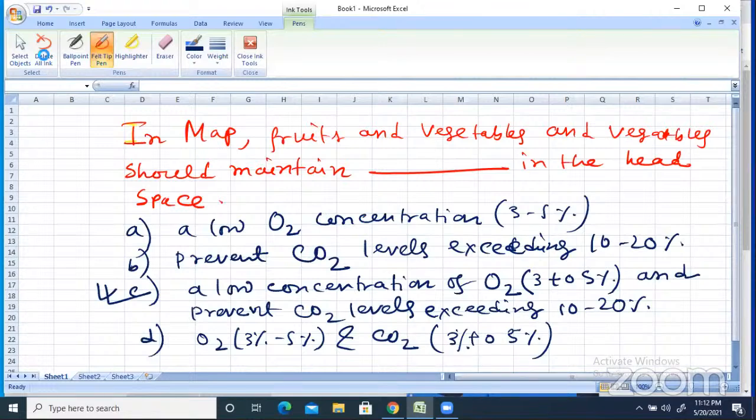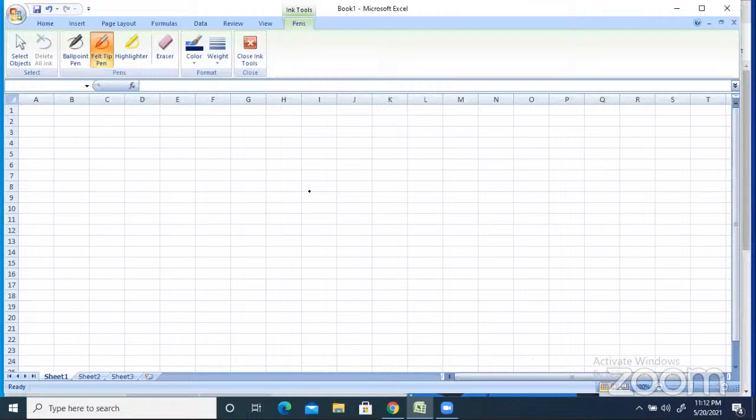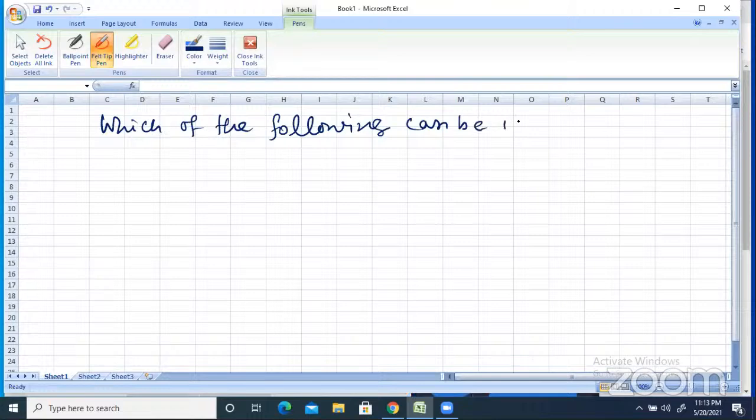Okay, the last MCQ for today. Which of the following can be used for antimicrobial packaging?